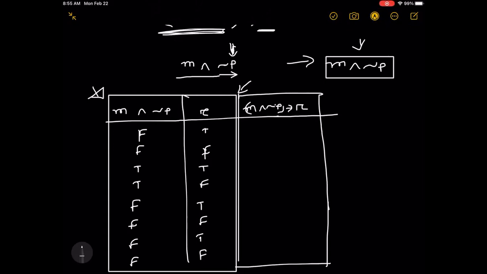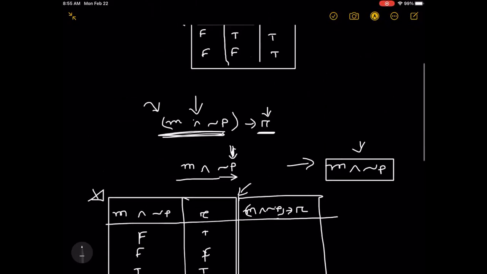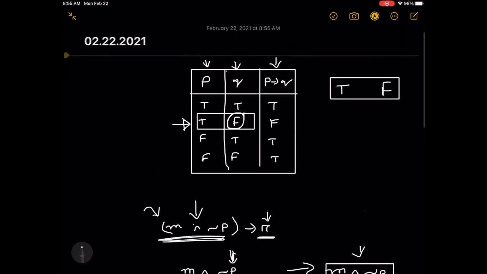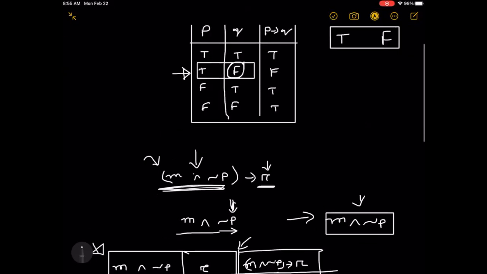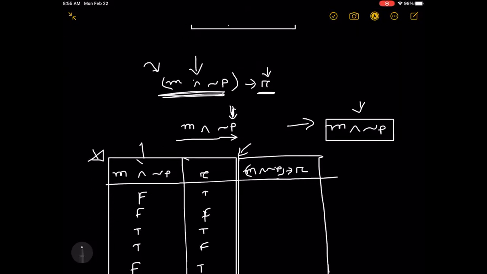Okay, so the first condition implies R, okay? So let's see how we can do that. As I said, the only case when we'll have a false is when the antecedent is true but the consequent is false. Here, this entire part is our antecedent, and this is our consequent. So we just need to find if there is any case where this is true despite the fact this is false.